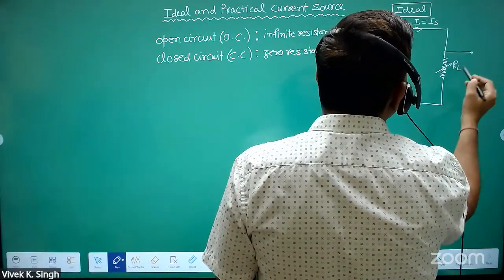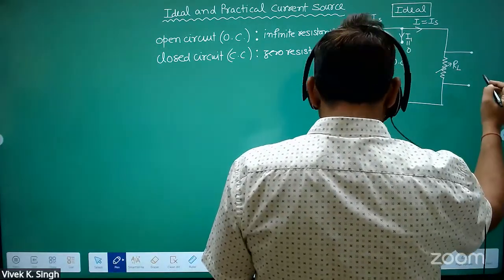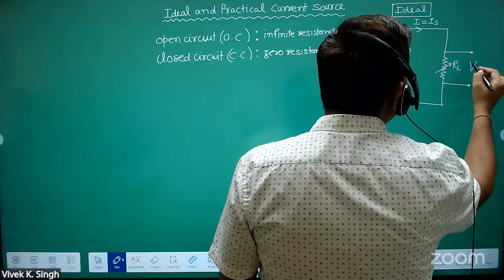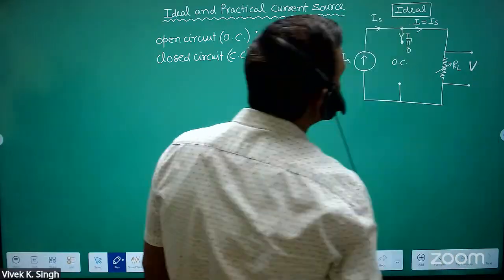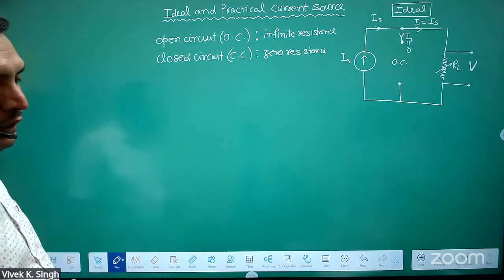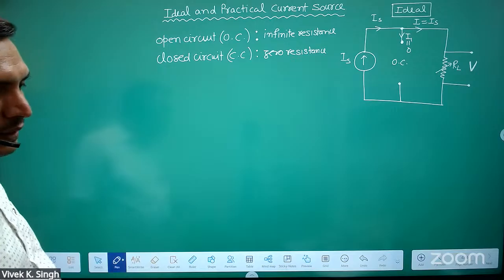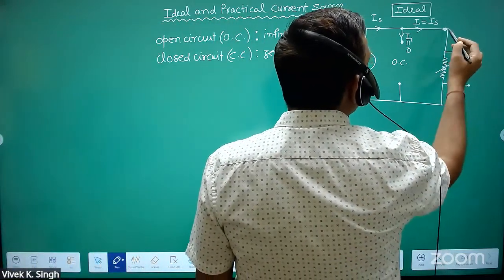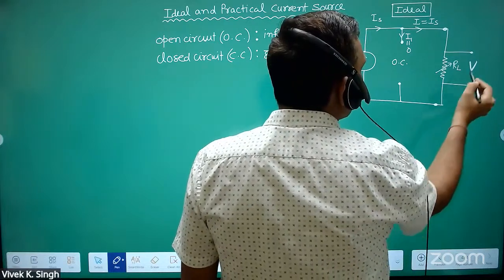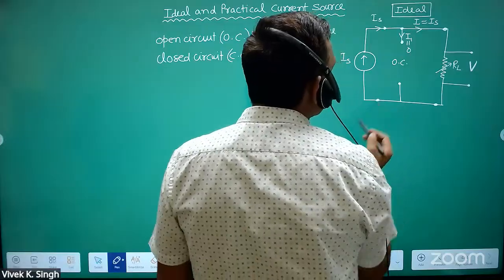And what will be this drop? The voltage across this will be V. V is the voltage drop across the load. And that is because parallel voltages are the same. The voltage between these two points is V, and that is the same as the voltage across the source.